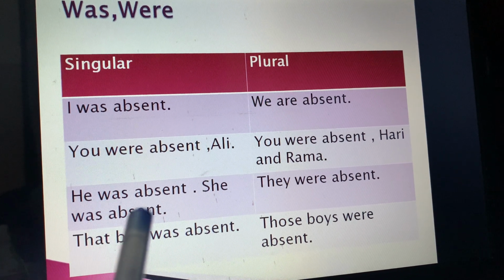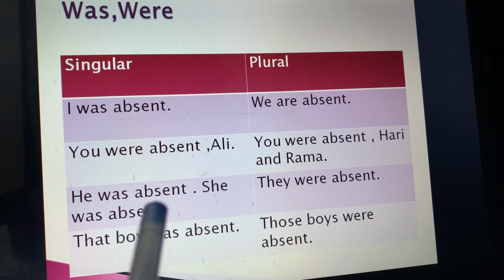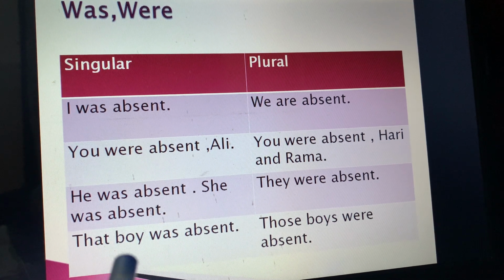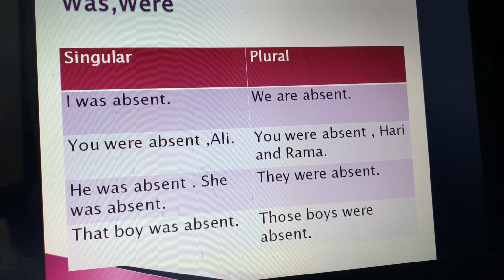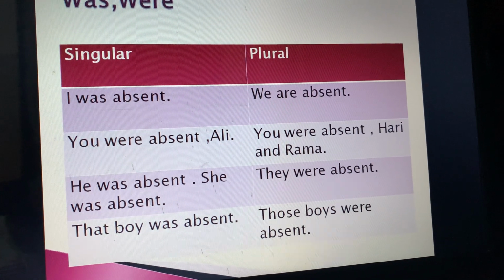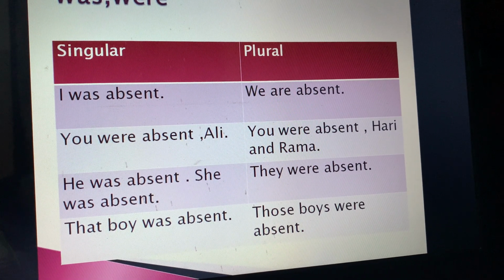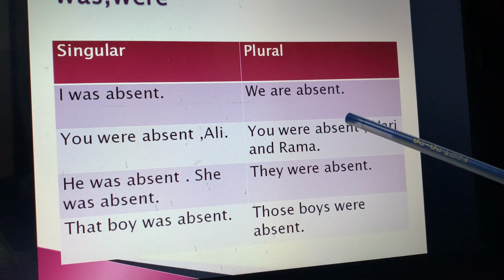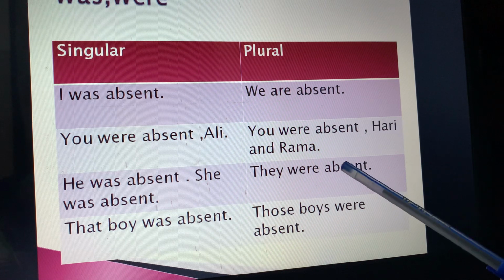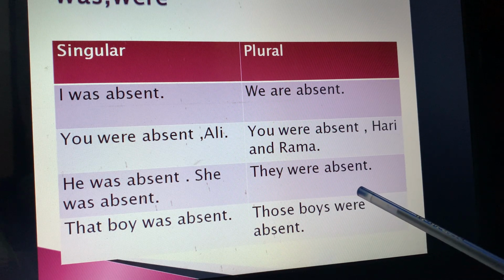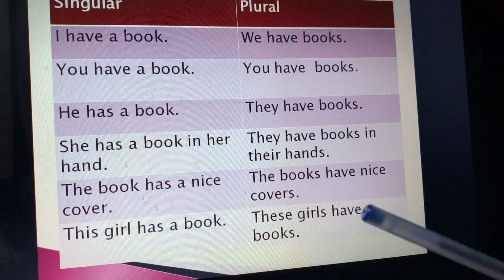He was absent, she was absent, that boy was absent. When there is 1 person, we will be using was, and when there is more than 1 person, we will be using were. We were absent, you were absent, Hari and Rama, there are 2 persons, they were absent, the boys were absent.